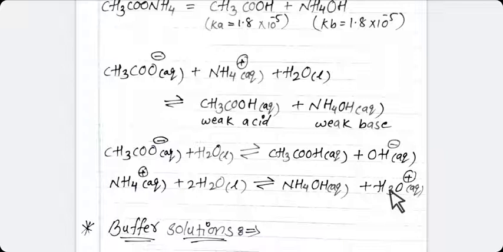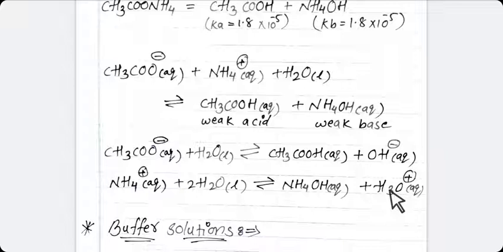In this reaction, as we know, Ka is equal to Kb. The relative strength of the acid and base produced in hydrolysis is the same, meaning OH- ion and H3O+ hydronium ion are both produced to the same extent. Therefore, the solution is neutral.